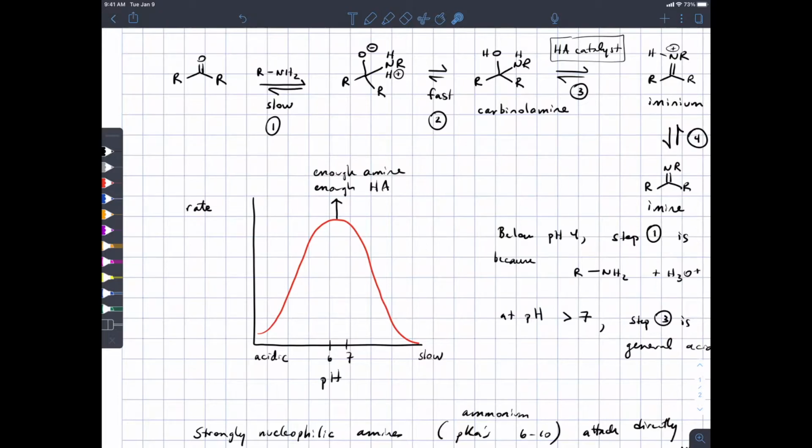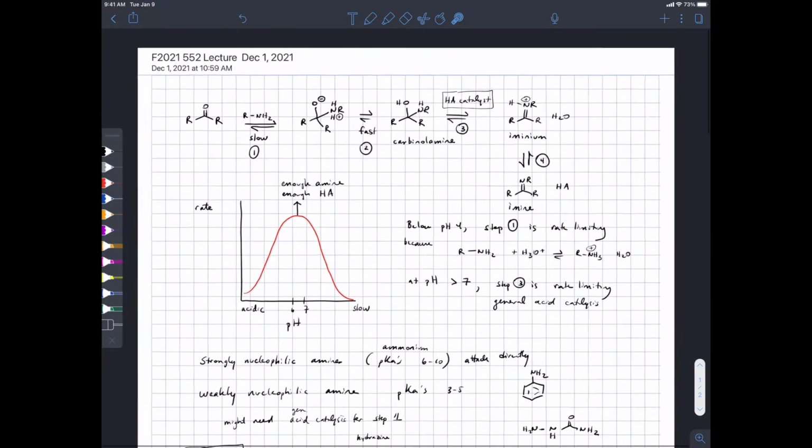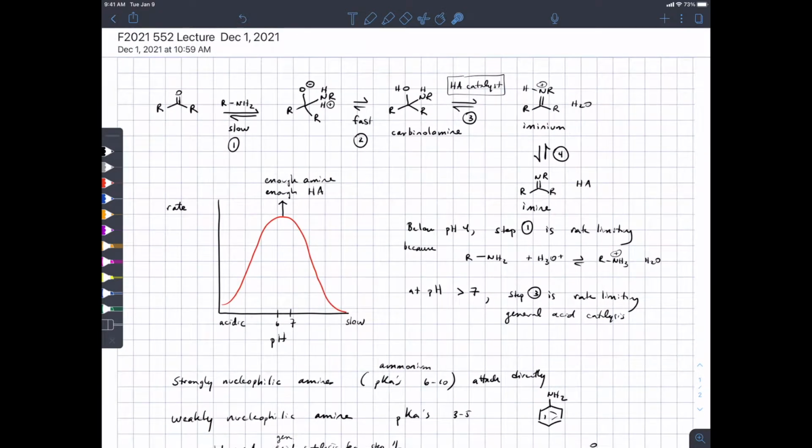But in general, for strongly nucleophilic amines, forming the carbinolamine is fast. It's elimination to the imine that's slow. And for the weakly nucleophilic amines, you'd actually need the acid catalyst in both of these steps.